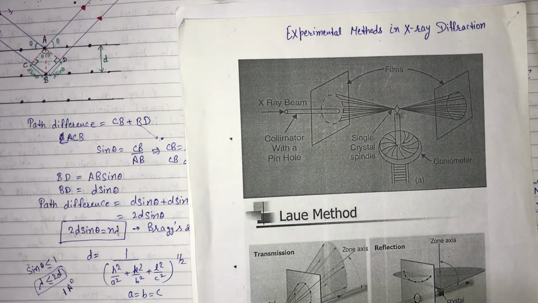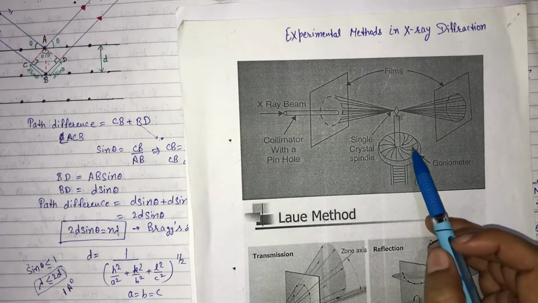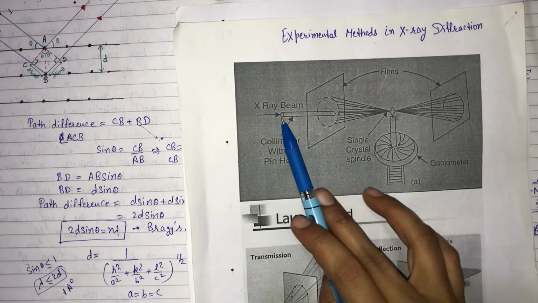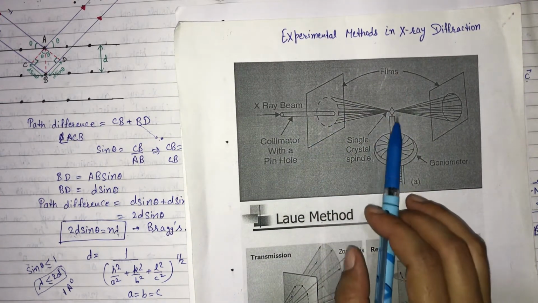In this method, a single crystal is held stationary on a goniometer so that angle theta is fixed, and a beam of continuous X-rays is allowed to be incident on this single crystal.